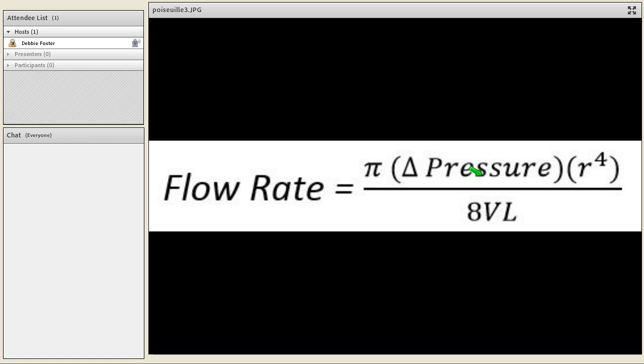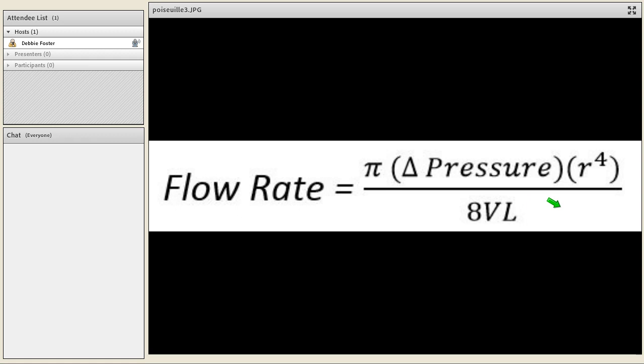So the change in pressure from the vessel, from the beginning to the end, times the radius over, and I think actually V is viscosity. I might have said vessel length, and I forgot to mention the viscosity as well. And so another constant. And the length, for all purposes, we kind of consider the length kind of a constant too. And so you can see that, once again, the flow rate will change based on the radius.